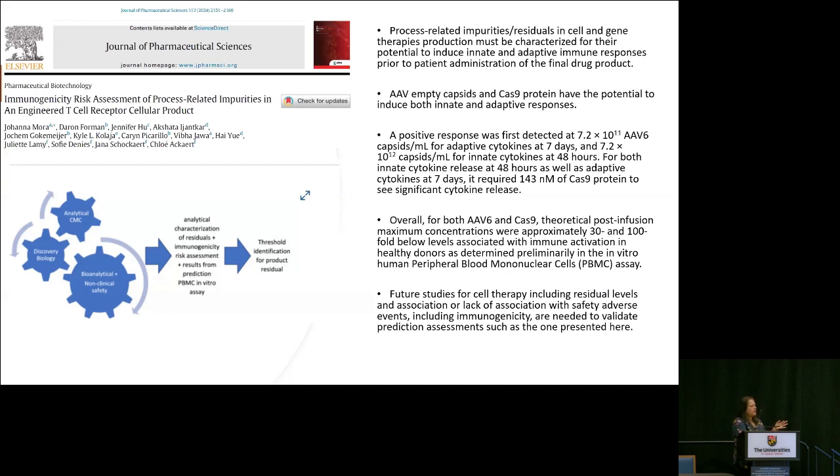So we decided we're going to take AAV and Cas at different doses and do an in vitro and an in silico assessment and generate that data, go to the agency with that pre-IND package and say, we are going to look for antibodies to our ECD domain, which is a given, but we are not going to look for antibodies to AAV or Cas, and we're not going to do CTL responses to AAV and Cas.